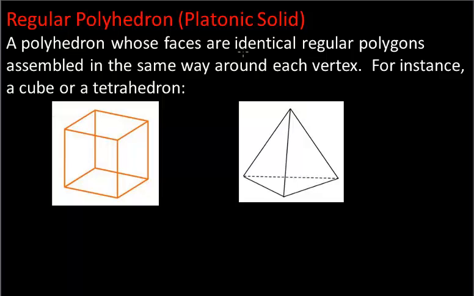So that's the first part of the definition. For example, in the cube here, we see that the faces are identical squares, and in the tetrahedron, we see that the faces are identical equilateral triangles.